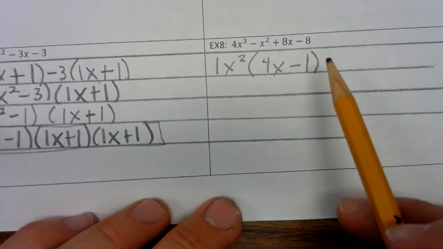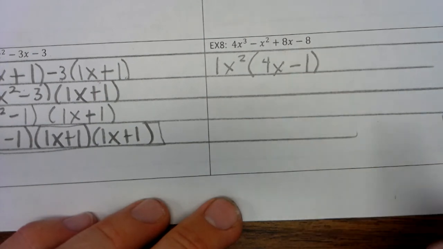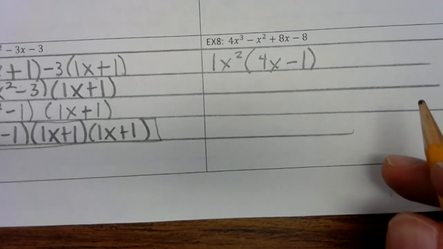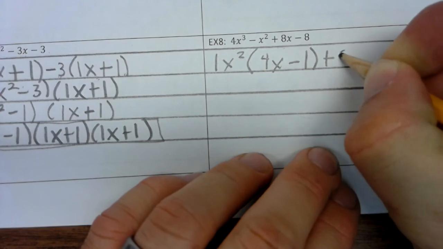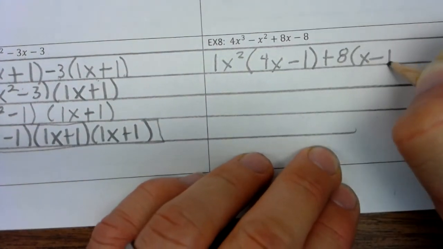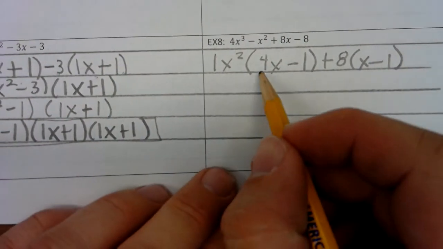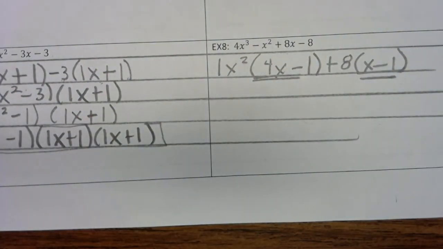And then here, we can factor out 2. Actually, no, we can factor out an 8. And that leaves us x minus 1, which I'm glad this happened. I was worried if we didn't have one. But notice these aren't the same.